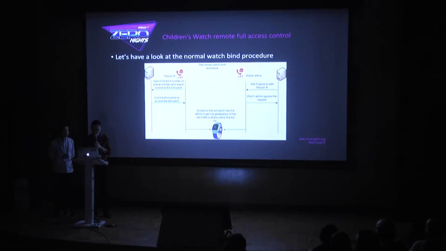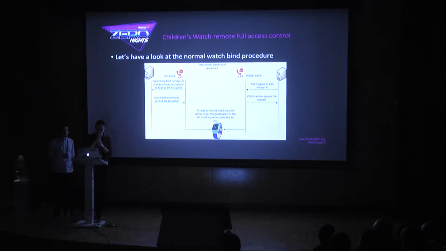First, if the watch admin wants to invite someone, like the grandfather or grandmother of the kid, they will send the bind number to the kid's grandma. Then the grandma will search the bind number or phone number and request to bind to the kid's watch, and then the server will ask the watch admin if they agree to add this person.